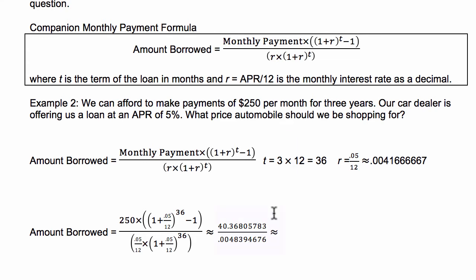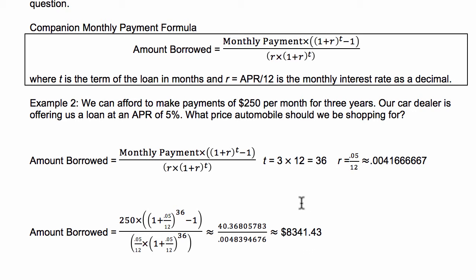If you do so, be careful to use the same rounding rule of thumb that we talked about above. I calculated the numerator to be approximately 40.36805783 and the denominator to be approximately 0.0048394676. After dividing the numerator by the denominator, I got approximately $8,341.43.